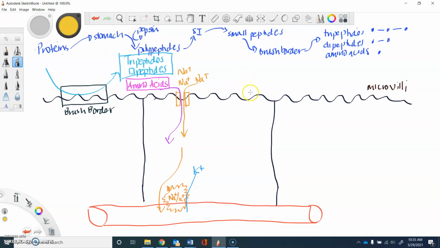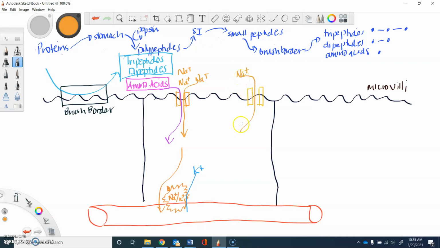Okay, it follows something else. And what it follows, if we have this transporter here, this transporter also transports sodium. But what it does, it's an antiport, I guess is what you call that.